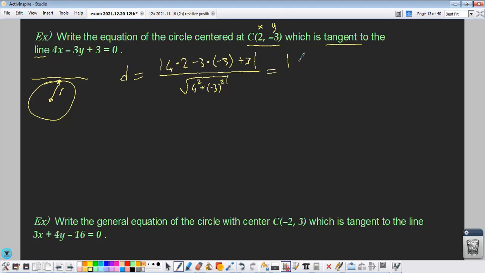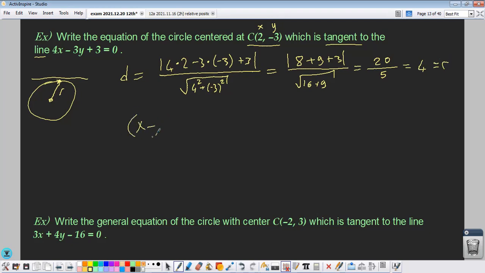So 4 times 2 will be 8, minus times minus will be plus 9, and plus 3, absolute value. And in here you will get 16 plus 9, which is 25. Square root of 25 is 5. So 9 plus 3 is 12, plus 8 is 20. Absolute value of 20 is 20. So you have the distance, which is also the radius.